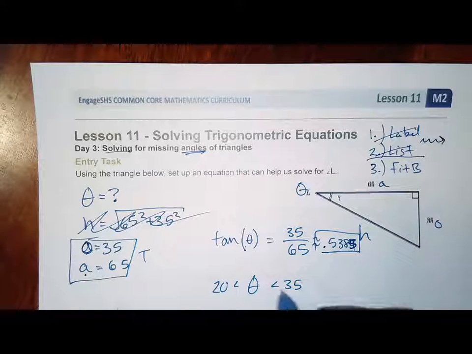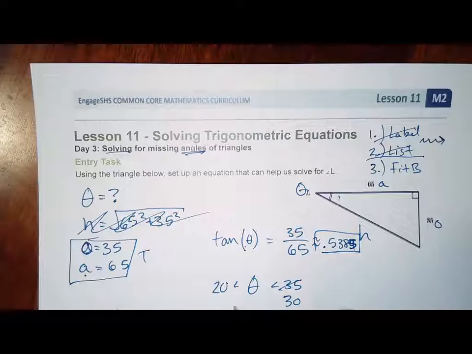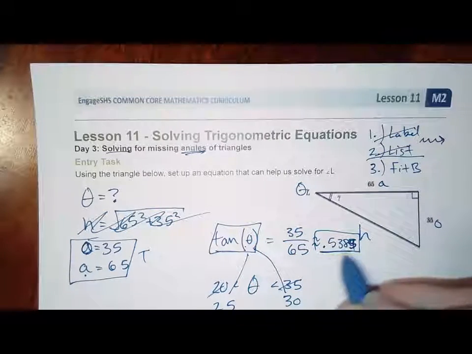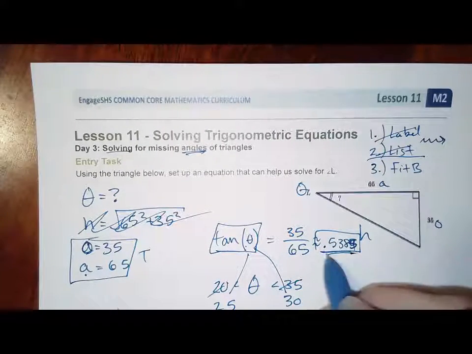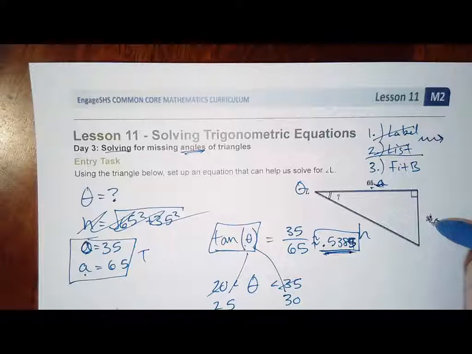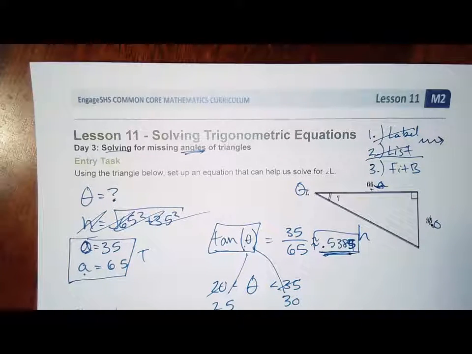Tangent 30 is 0.577. Tangent 25. Really, I'm just guessing and checking. That's closer. So somewhere between 25 and 30 is the actual answer. Maybe it's a decimal value or it's really close. But the point is that whatever number we put into the tangent function, we better get this decimal back, because this decimal is this fraction. That's the math for the day.